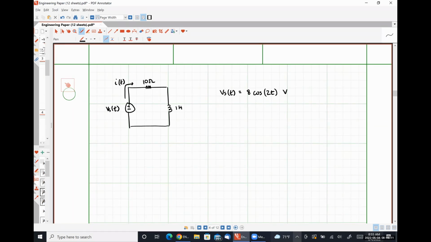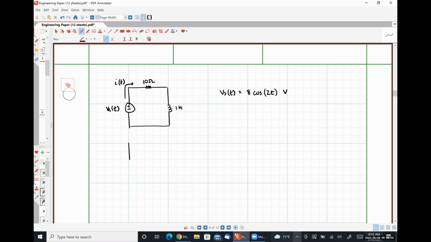So what we're going to do is we're going to take this circuit in the time domain and convert it into the frequency domain, which means we're going to represent our voltage and current signals with phasors, and we're going to represent all of our resistors, capacitors, and inductors with their impedance.